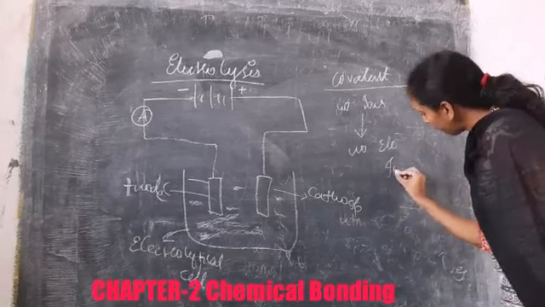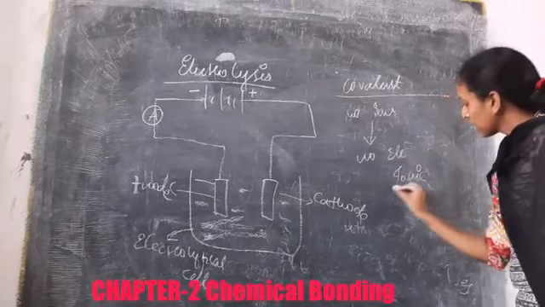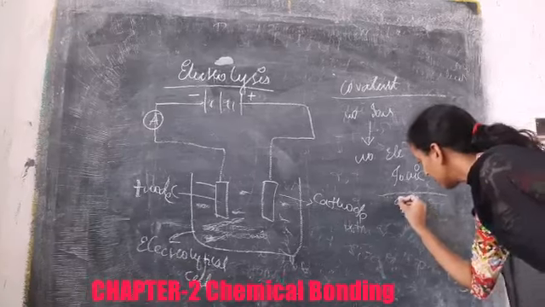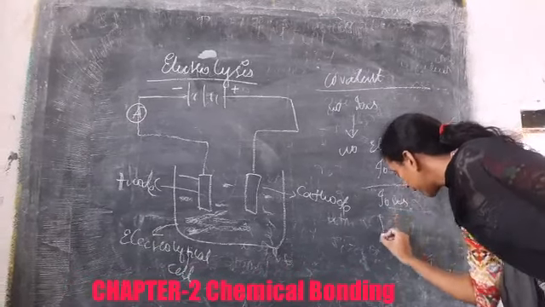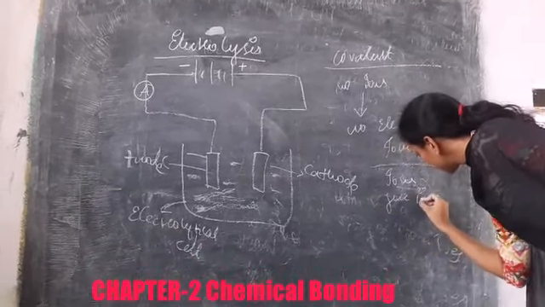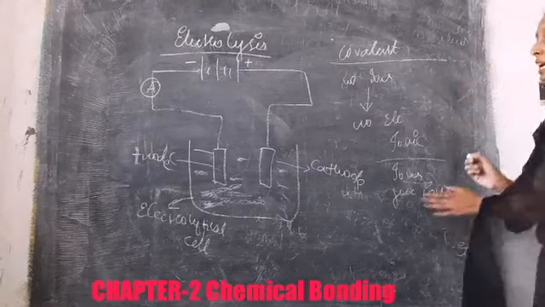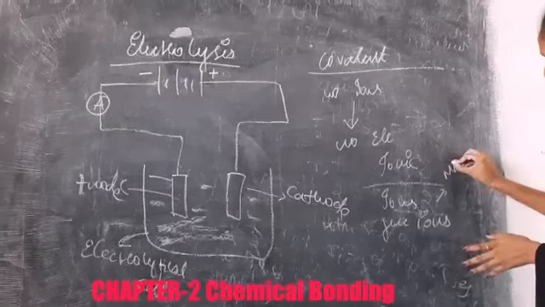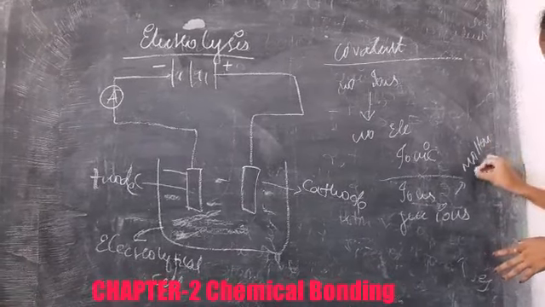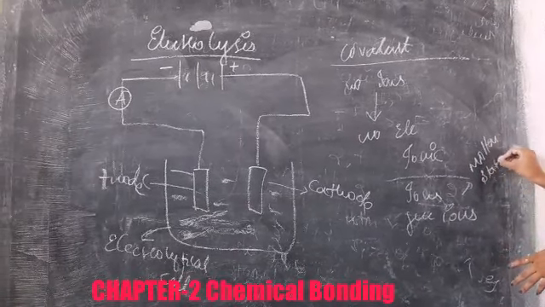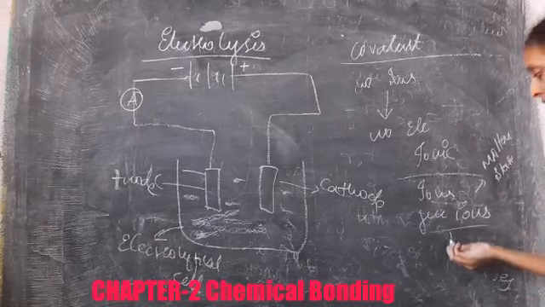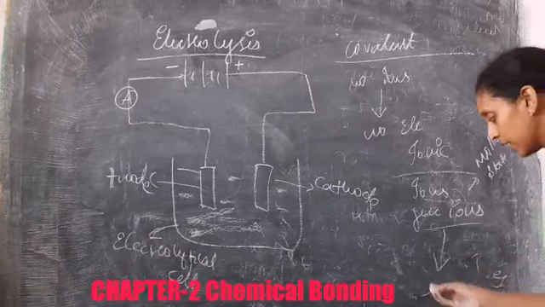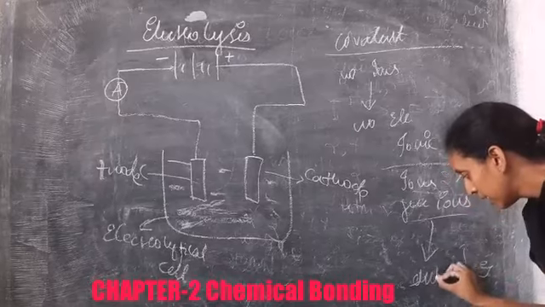Whereas ionic compounds will generate ions, that too free ions, only in the molten state, since there are free ions, which leads to electricity.